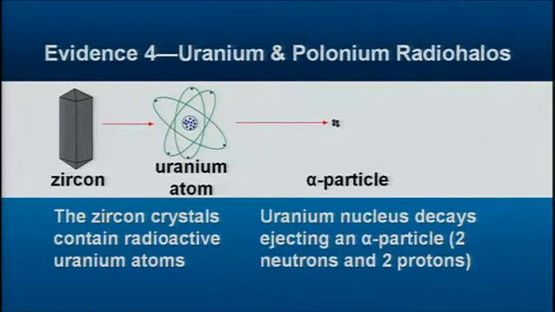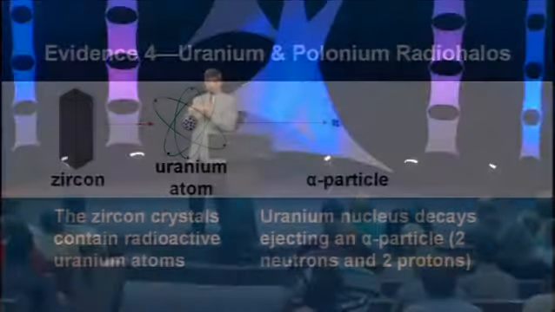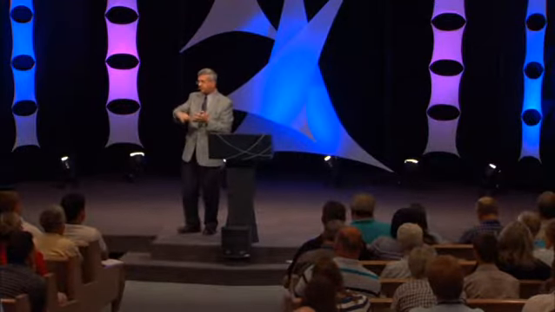But these radioactive uranium atoms are spitting out these alpha particles, which is the name for 2 neutrons and 2 protons that the nucleus spits out to reduce its size to become more stable. And we call the 2 protons and the 2 neutrons together an alpha particle. That's alpha decay. Okay, but once that's happened once, the parent uranium atom has become another daughter atom, but that's still unstable.